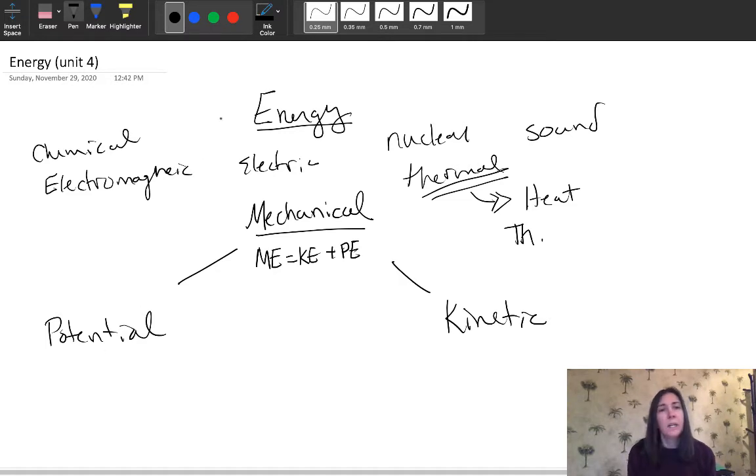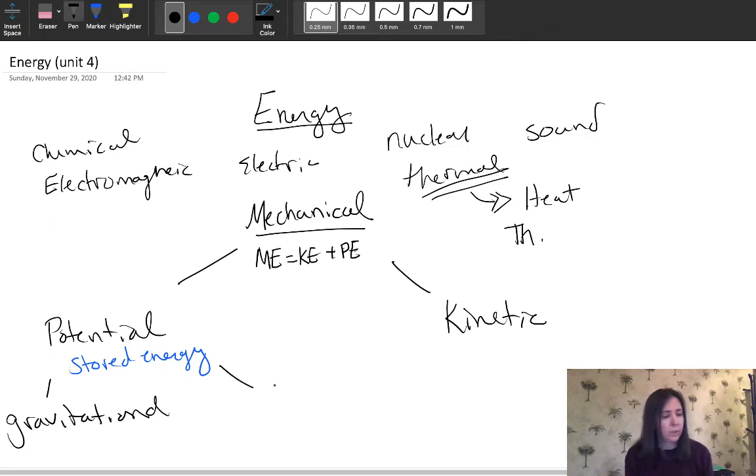Potential energy, this is just stored energy. We can store that energy in typically two forms, in gravitational potential energy, and we can store it as elastic potential energy. Then kinetic energy also has two forms.